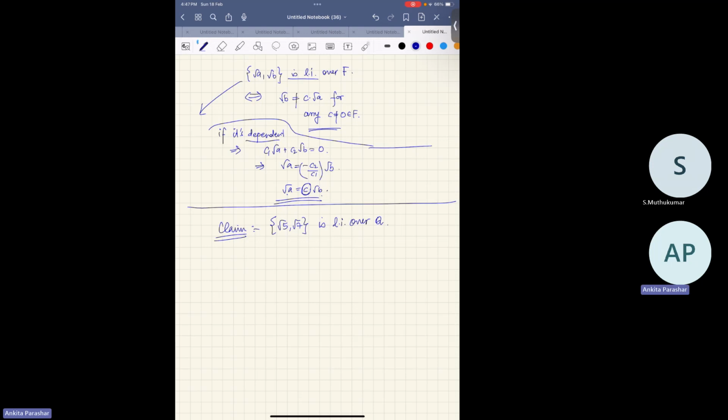Because if it is linearly dependent, then root 5 is the same as root 7 times some element q of Q, where q is in Q, right? Because we are working over Q, root 5, root 7.